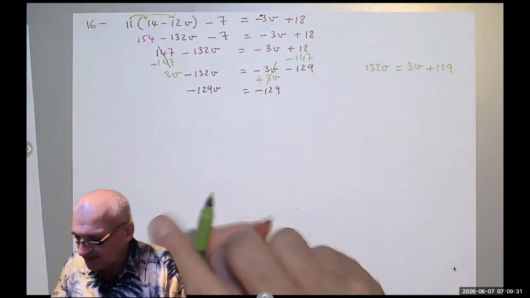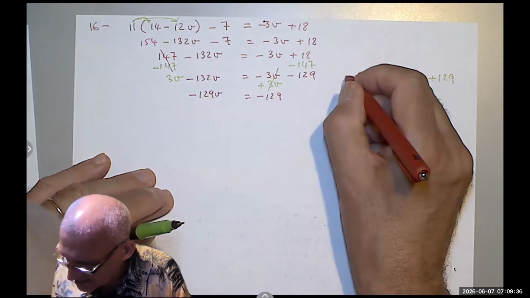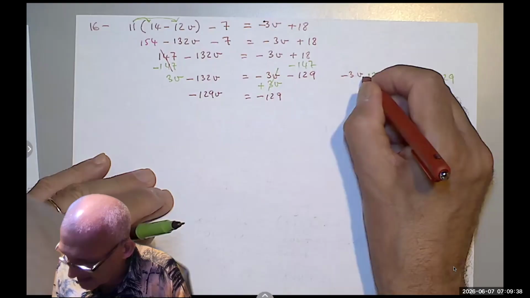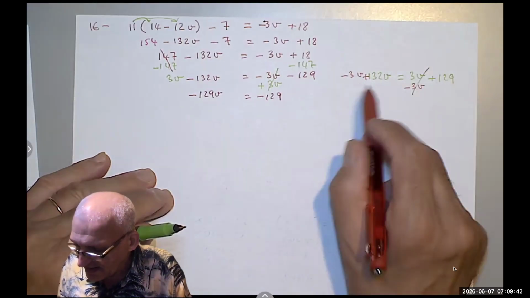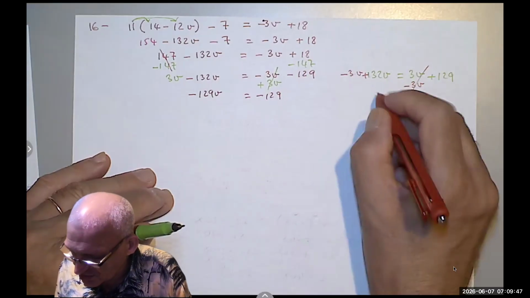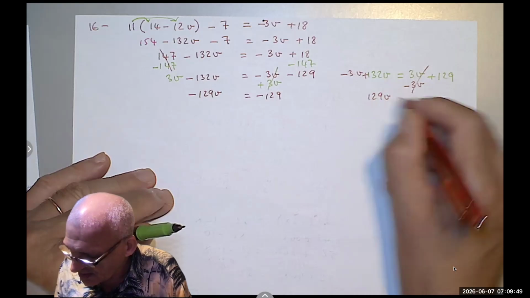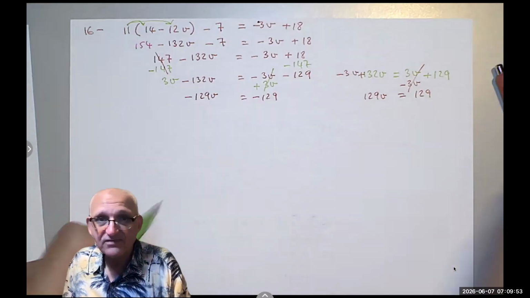If I did it here, I'm going to subtract 3v from both sides. And then I have to add the positive because I didn't have it here. These cancel, and I get 132 minus 3 is 129. So I will get 129v equals 129. It's the exact negative of that.